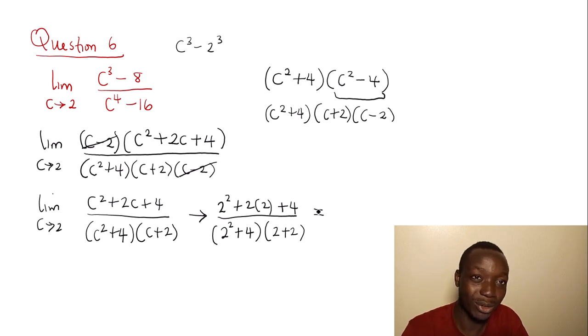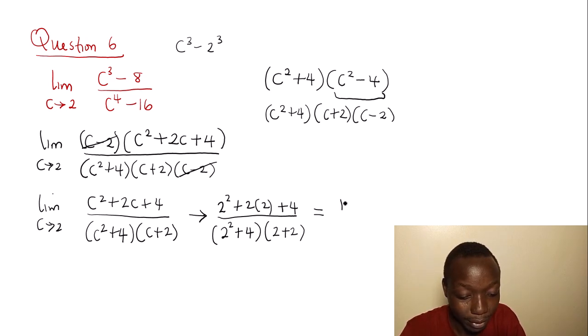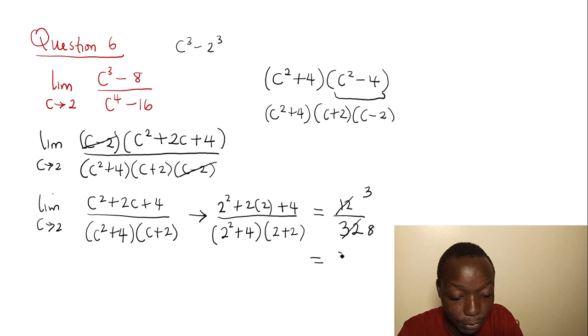So you have 4 plus 4 plus 4, that's 12, over 2 squared is 4, plus 4 is 8, and you have 4 here. So 8 times 4 is 32. So if you simplify this, 4 goes here 3 times, 4 goes here 8 times. So your final answer is going to be 3/8.